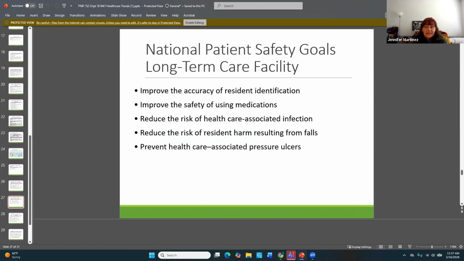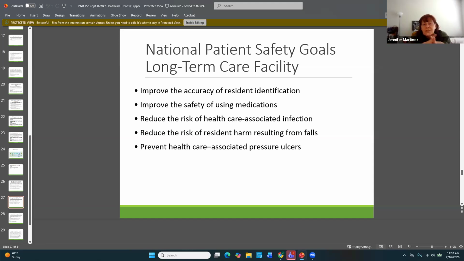So long-term care national patient safety goals: resident identification. It's always going to be one in long-term care. Generally in long-term care you're not going to use a scanner. A lot of times they may not have an ID band on as well. They may have started with one, and it might have gotten removed or disappeared.